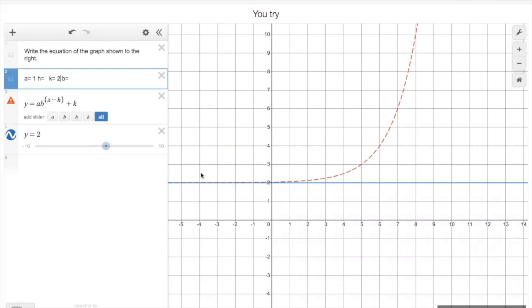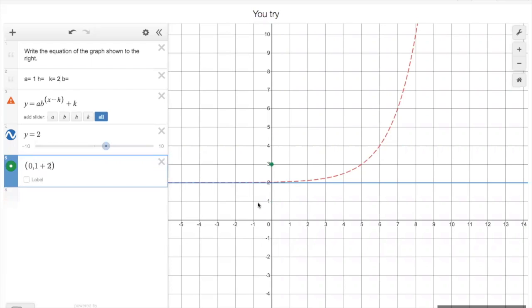So I'm halfway there. The next thing I'm going to find is my h value. We're always going to start with the point 0, 1 and find the new point on the graph. So 0, 1, we're going to change the y value. We said that k is 2, so we're going to add 2. So it's moved up 2. This point right here, 0, 1, is going to move the same way up and down as the asymptote did. Before we moved it down 4.